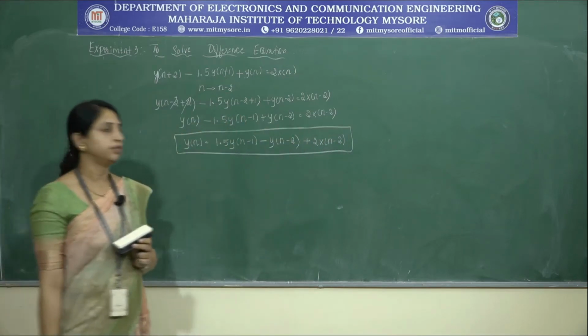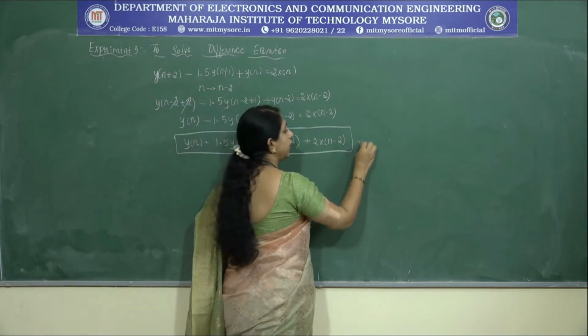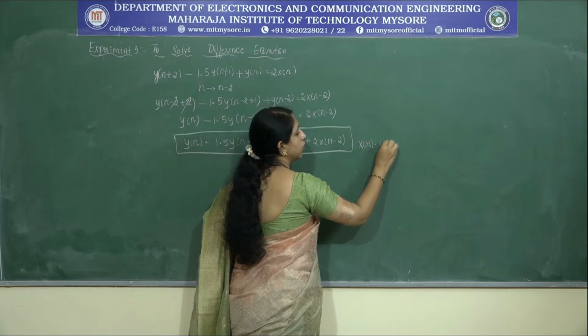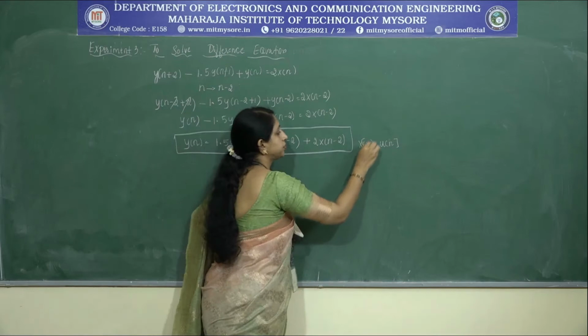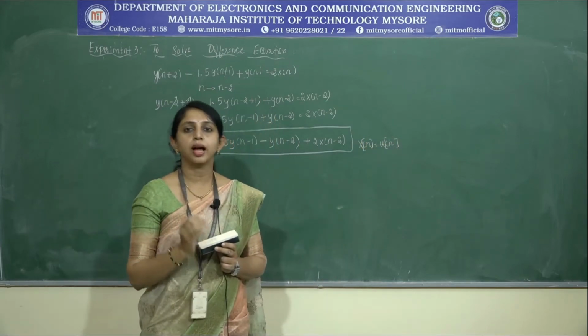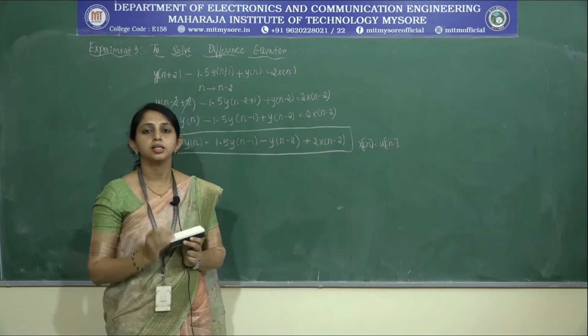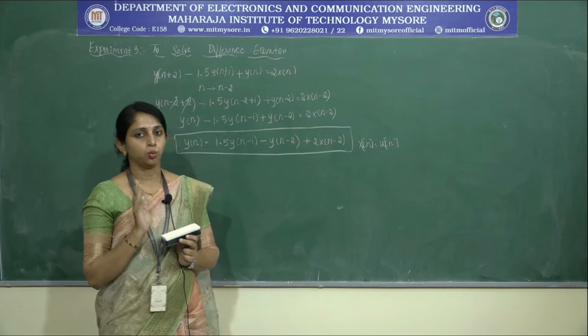For this difference equation, let us assume that x of n is equal to u of n. What is u of n? It is a unit step function whose value will range from 0 to infinity. Amplitude will always be equal to 1.